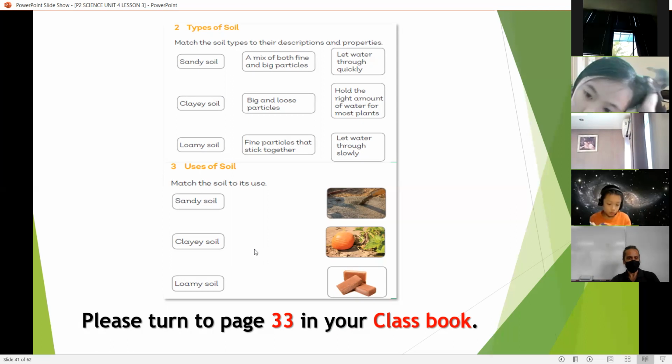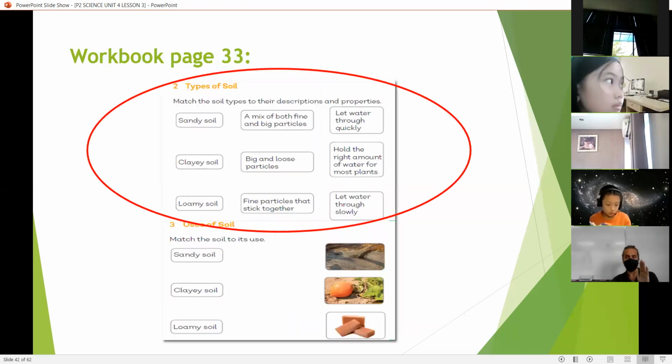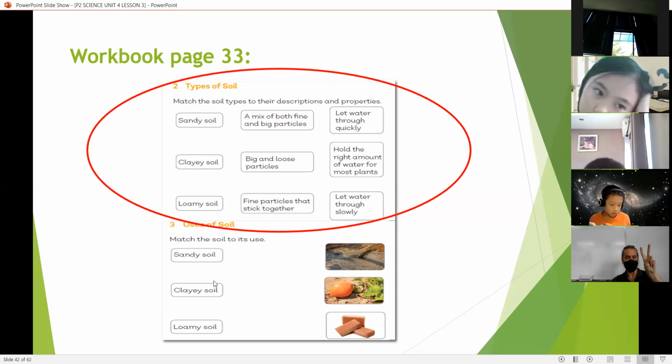Okay. On page 33, please look at exercise 2. This is the only exercise we're doing today. Not exercise 3, exercise 2.